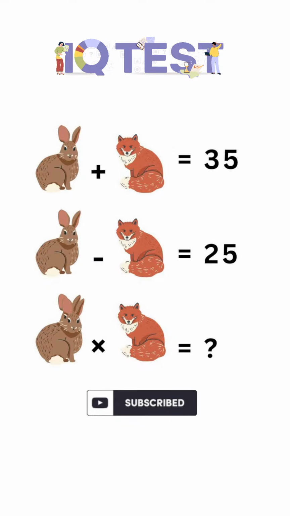So we have to find 2 rabbits multiplied by 1 fox. So Nicole and Max, let me know what you have for the rabbit, what you have for the fox, and what you have for 2 rabbits multiplied by 1 fox. Don't forget that in the final question, you have 2 rabbits over there.